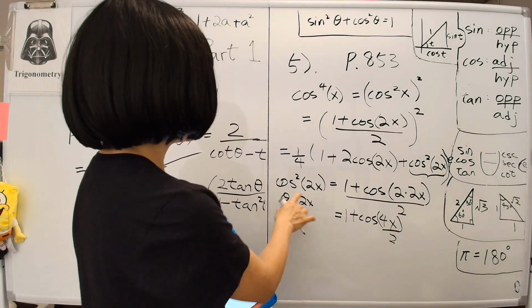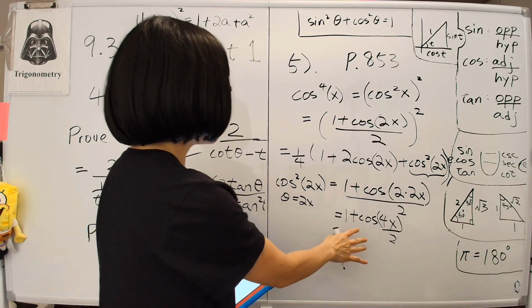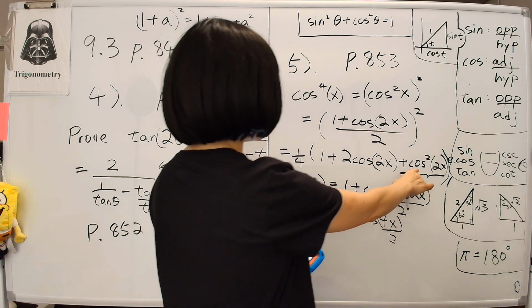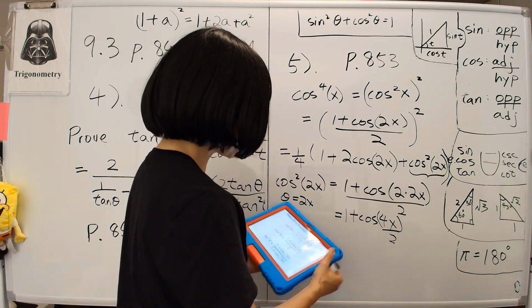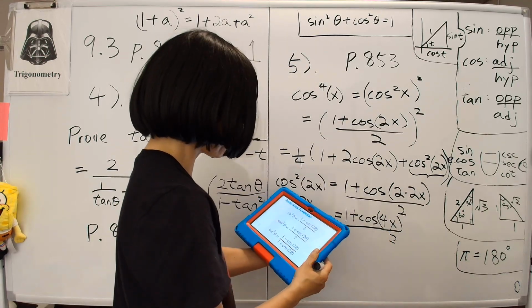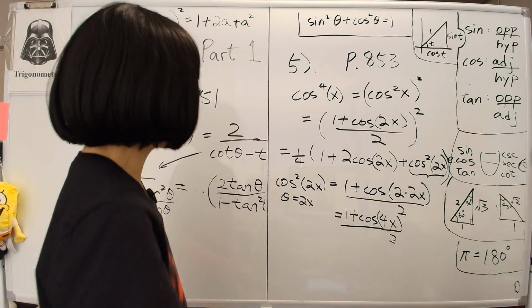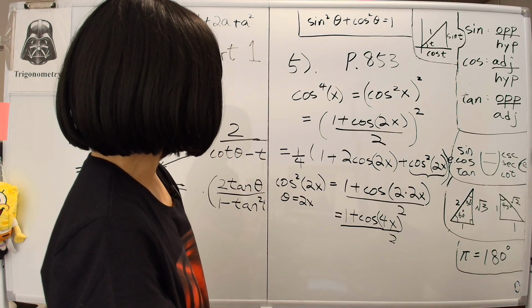Now that we have worked out cosine squared of 2x, we can put that in here to get the result, and then do some of the additions.